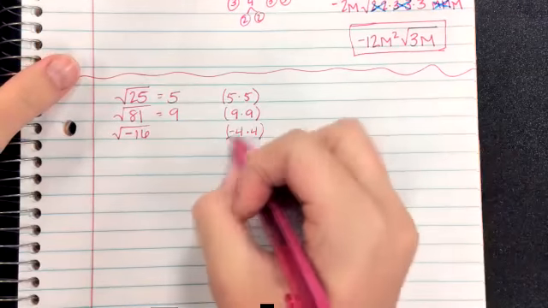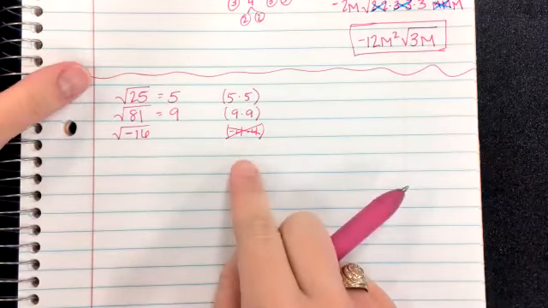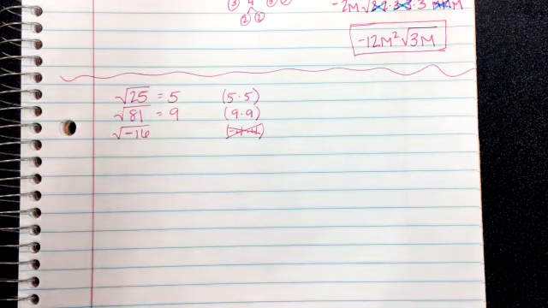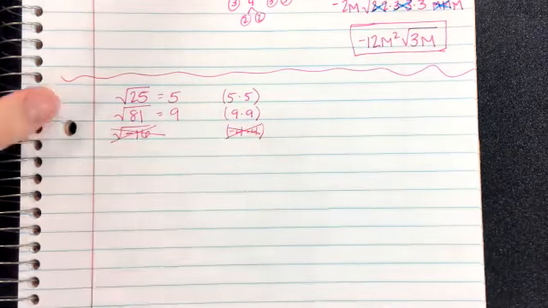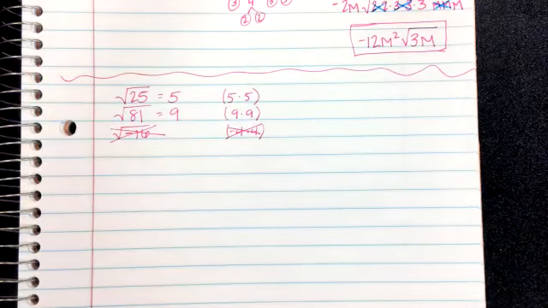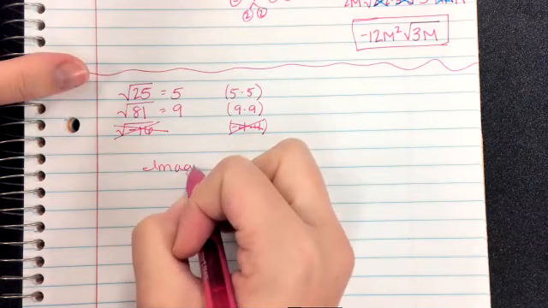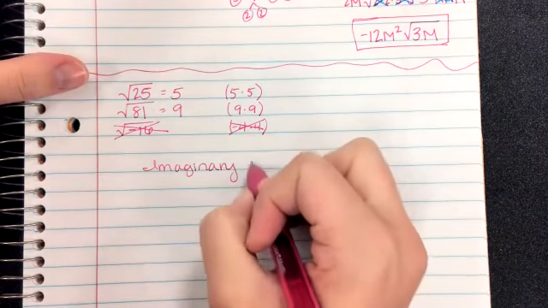So I can't have that. So is there anything in the world I can multiply 2 of the exact same thing to get a negative number? No. So this can't be done. Okay. So what that is called is an imaginary number.